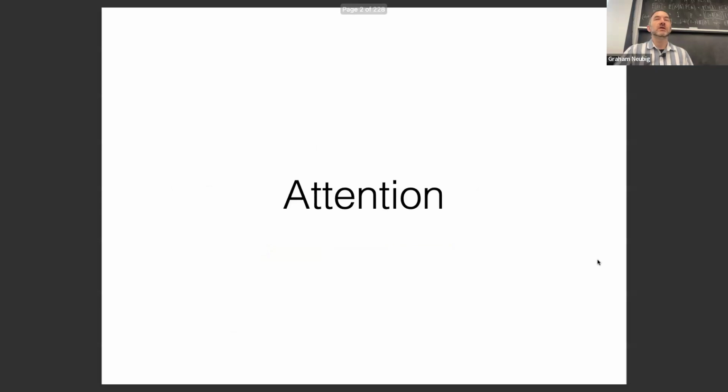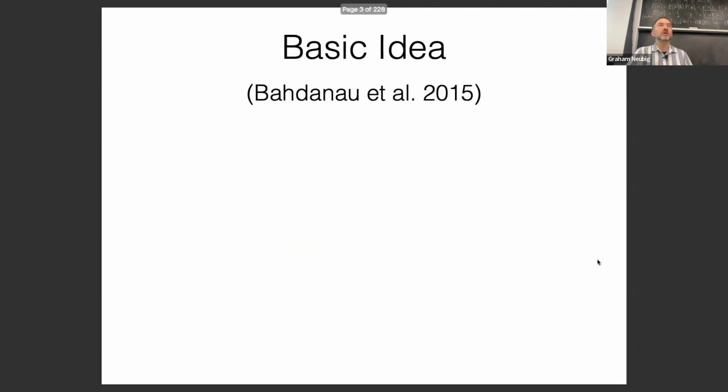So, yeah. Last time we talked about recurrent neural networks as sequence models. And the problem with recurrent neural networks was essentially that they had vanishing gradient problems. Also, you're trying to fit a long sequence into a single vector.